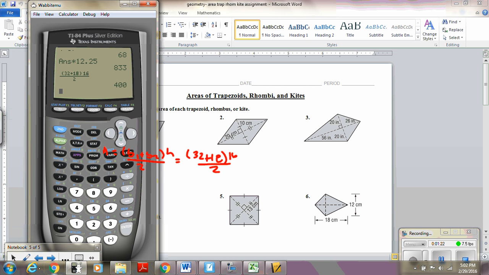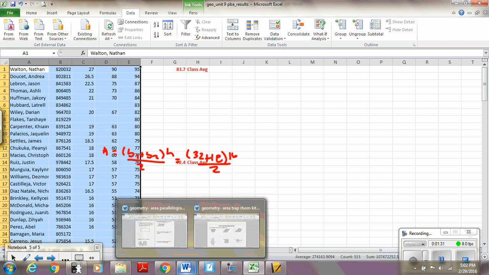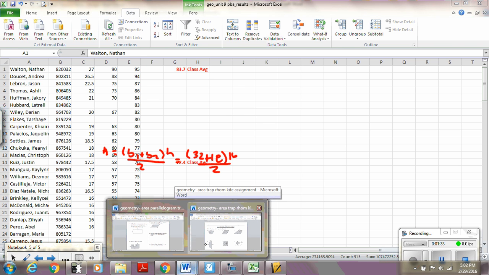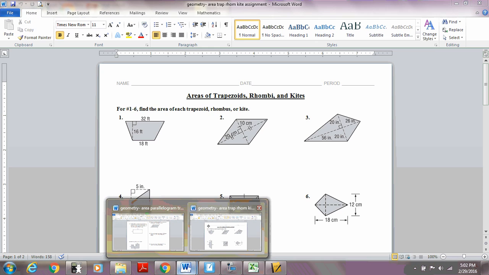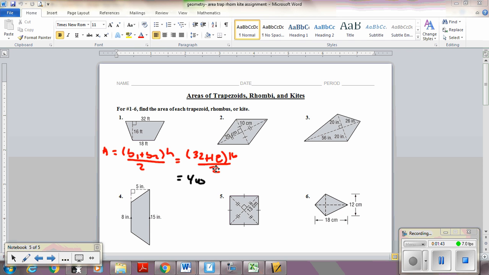And it gives you 400. So it's 400 feet squared.